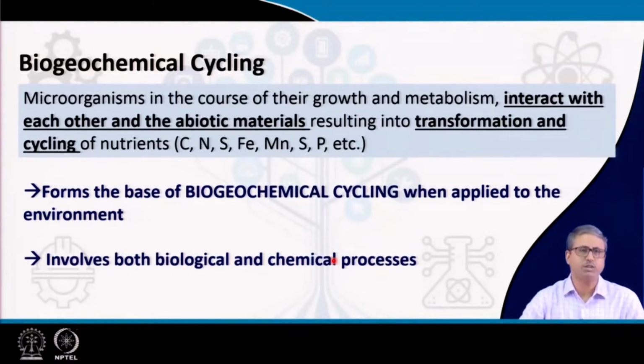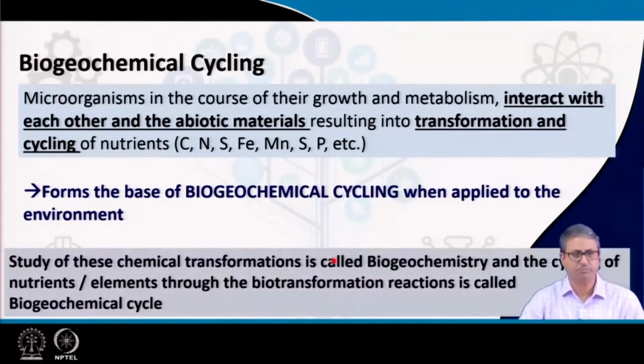So the nutrients or elements, including some heavy metals, remain unavailable to the chemical reactions happening in the bulk environment. Together, it is the interaction between biological and chemical processes which regulates biogeochemical cycling.